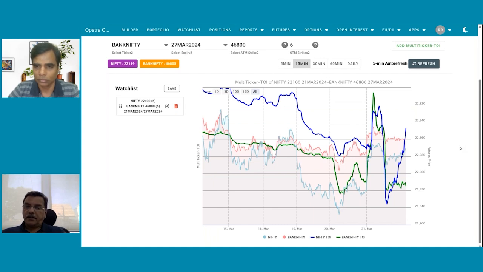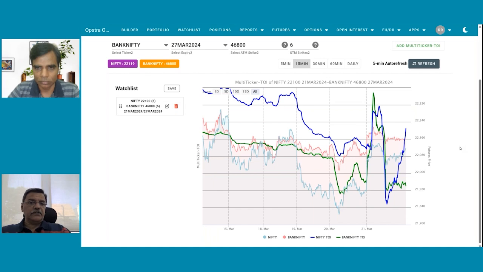The second part was another thing I have observed over the years: when I used to look at the Nifty TOI and the Bank Nifty TOI, many times on a trending day, both used to be going in the same direction, both trending up. That meant it is going to be a trend day. Both trending down, again, that meant it is going to be a trend day. But there have been occasions where Nifty is rising and Bank Nifty is flat, or Bank Nifty is falling and Nifty is flat.